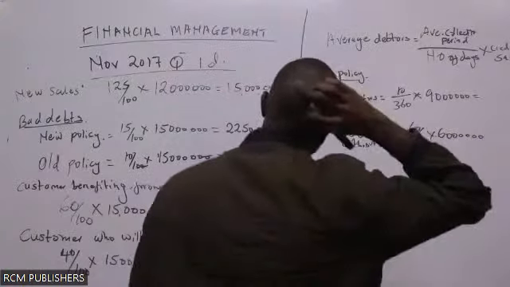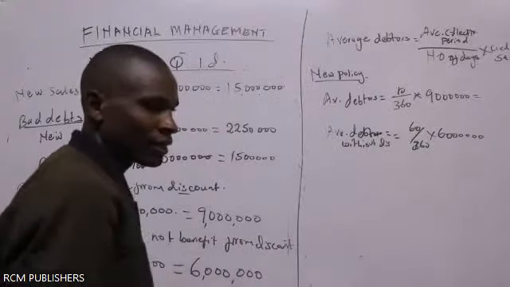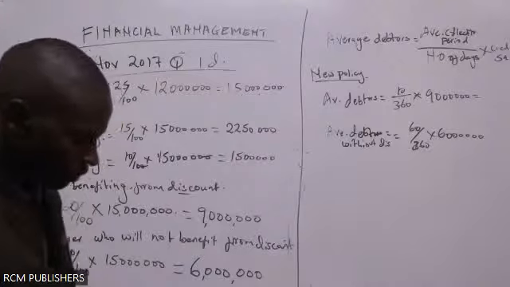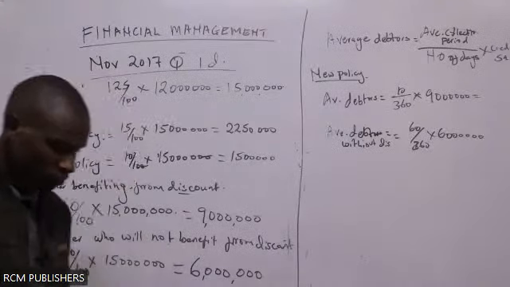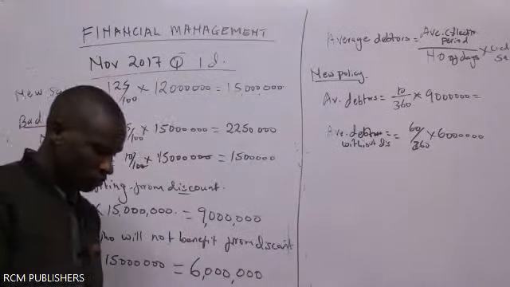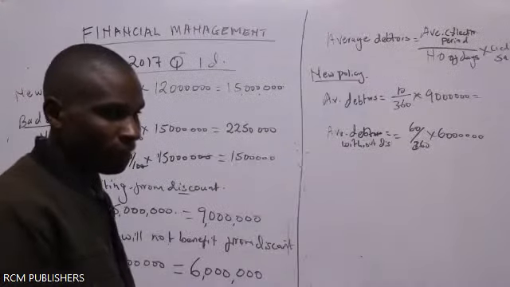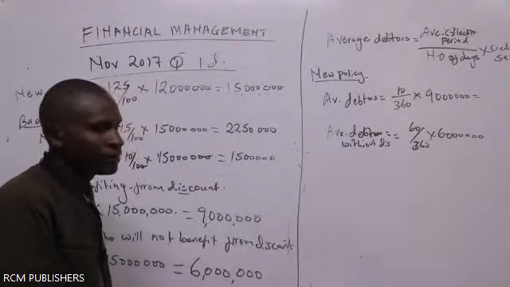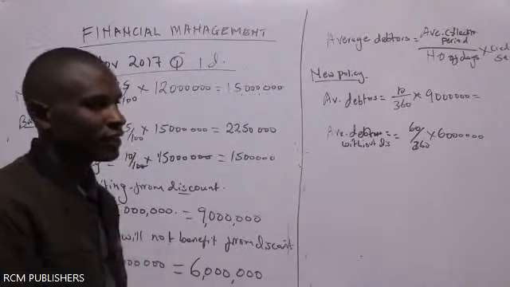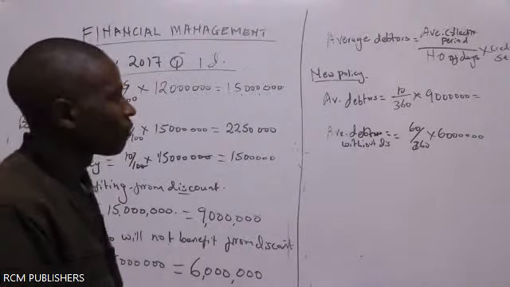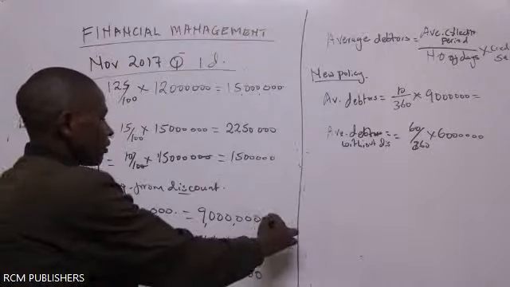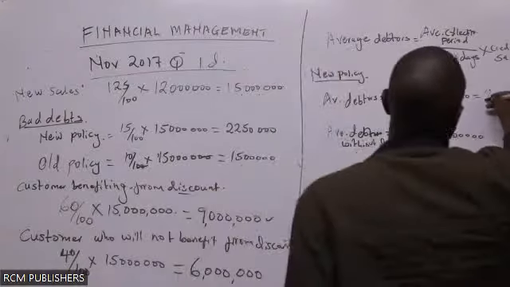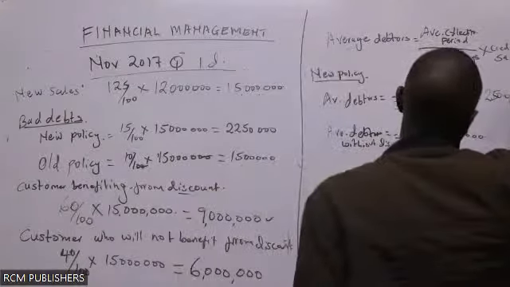So give me the first average debt. The first average debt will be how much? 10 divided by 360, I multiply by my credit sales, 250,000.